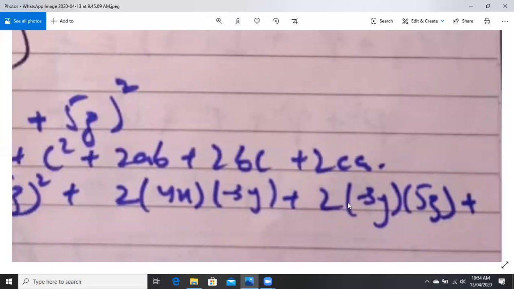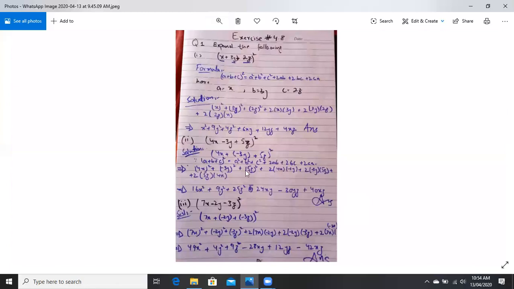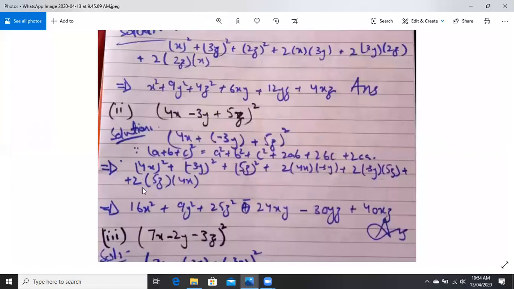Plus into minus 3y, plus minus minus, and 2 3s are 6, 6 5s are 30. So this becomes 16x square plus 9y square plus 25z square minus 24xy minus 30yz, and 5 4s are 20, 20 2s are 40, 40xz. So this is also expanded, and the answer is this.